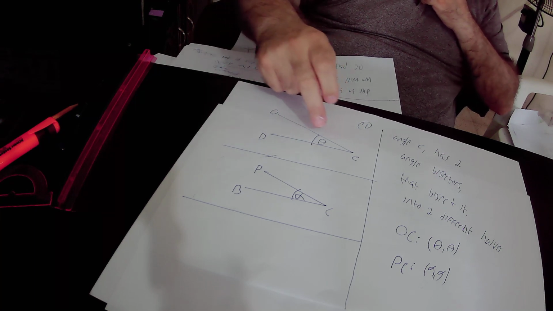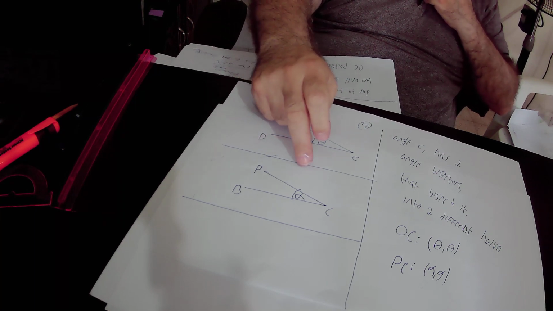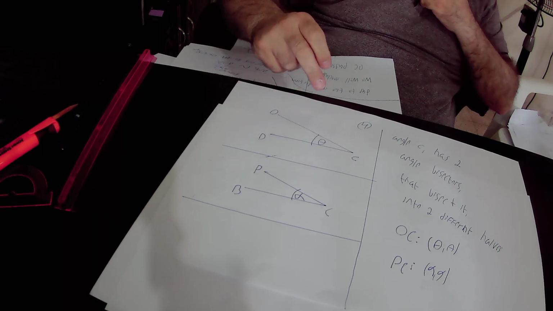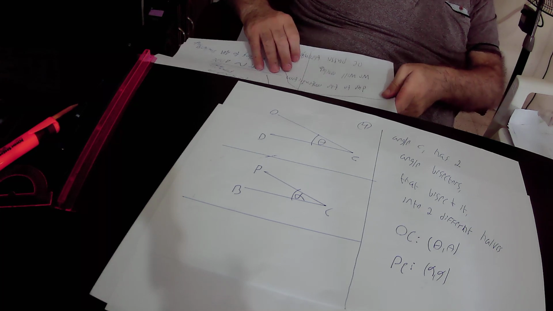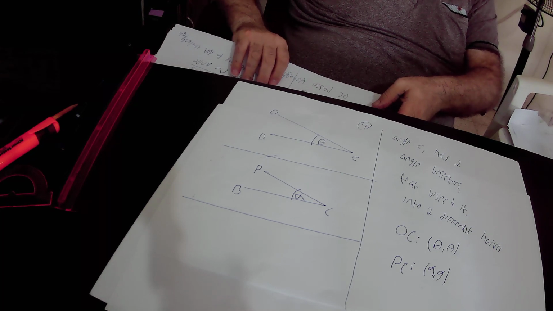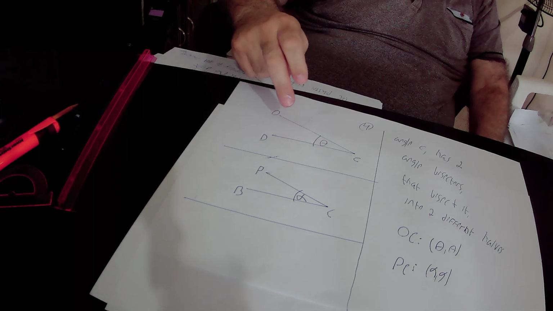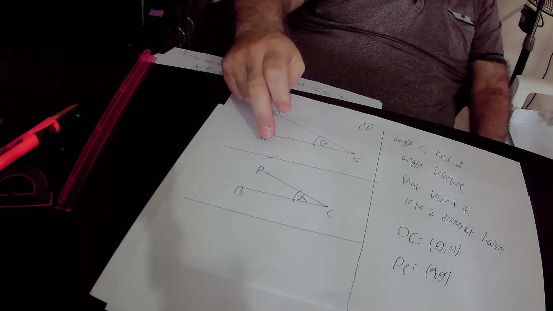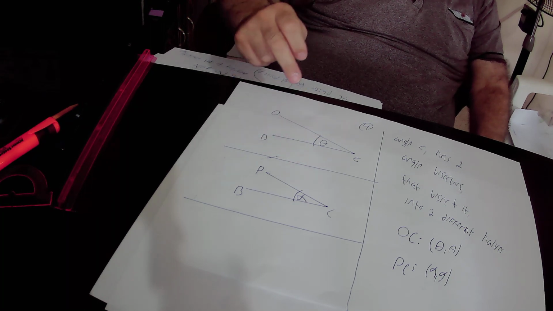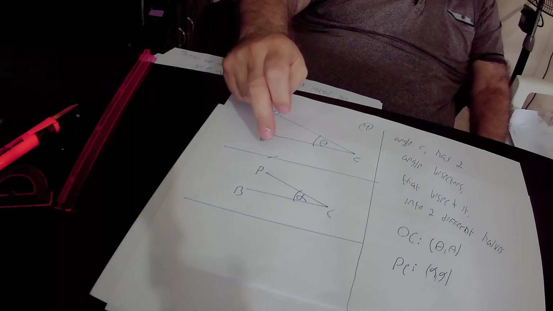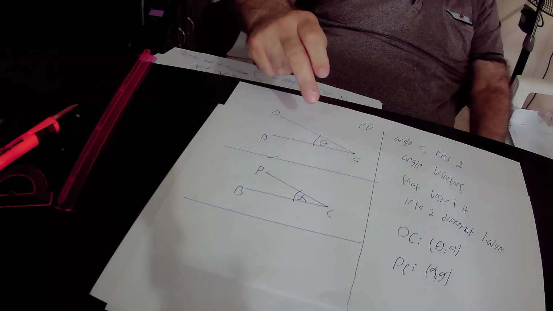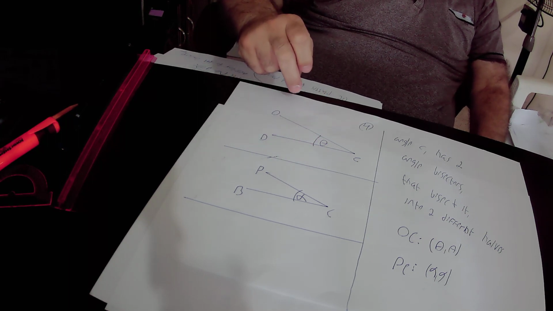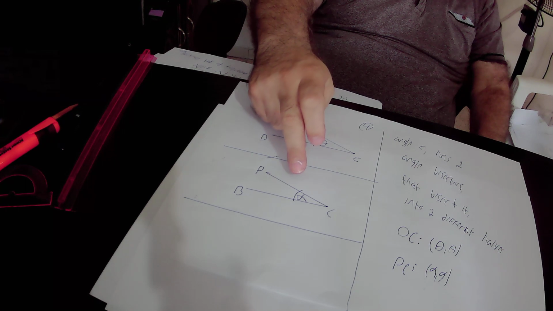OC is not located on the same straight line as PC, therefore angle theta and angle alpha are two different angles. Otherwise, the only way that those two angles will be equal to each other is if OC is located on the same straight line as PC. But according to our assumption, OC is not located on the same straight line as PC. Therefore, those are two different straight lines, and therefore angle theta is not equal to angle alpha.